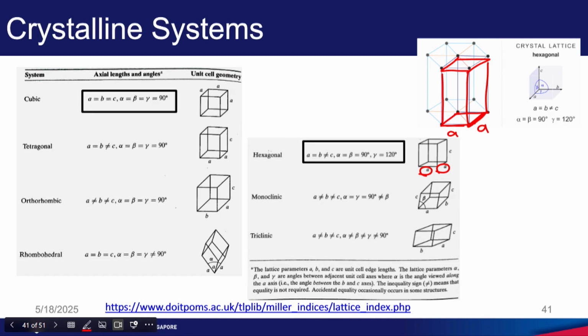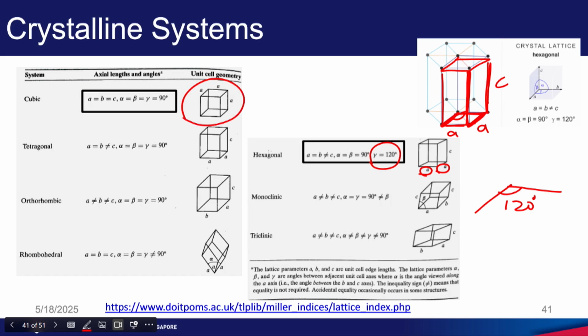C, which is this one, could be different. C is usually longer than A. And if you look at the angles, gamma is 120 degrees. At the bottom you have this angle, I am just looking at this one, so this angle will be 120 degrees. All the other angles are 90 degrees only. Just remember that we will be using this.